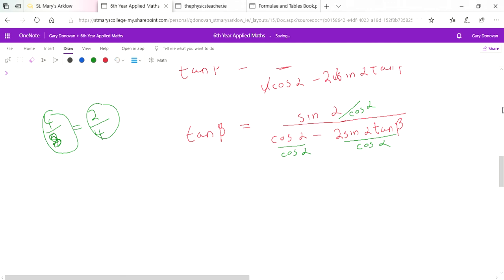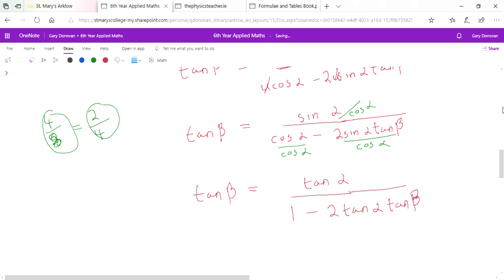So this will now become tan of beta equals tan of alpha over 1 minus 2 tan alpha tan beta, because sine alpha divided by cos alpha gives us tan of alpha. Now you might say, how are you supposed to know how to do that?